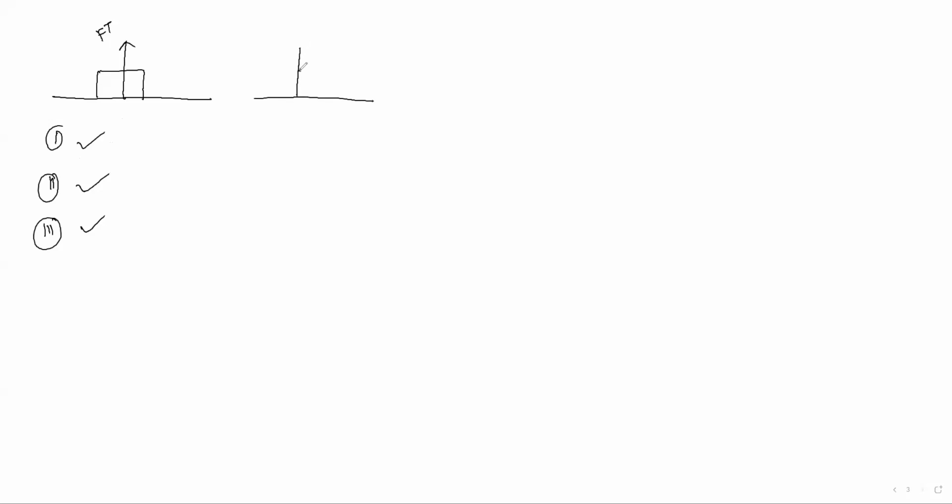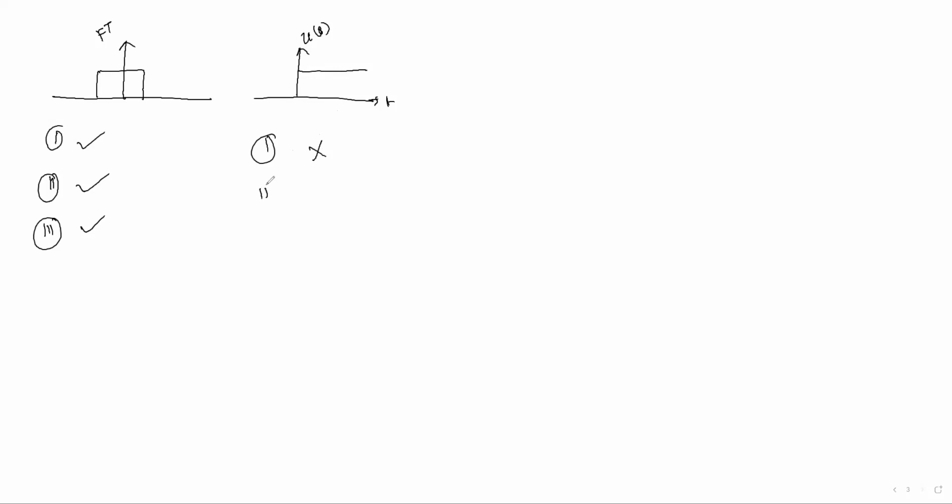What about this signal? The unit step signal. First condition, absolutely integrable. Is it satisfied? When you integrate from minus infinity to infinity dt, this area would be infinity. That's why the first condition is not satisfied.